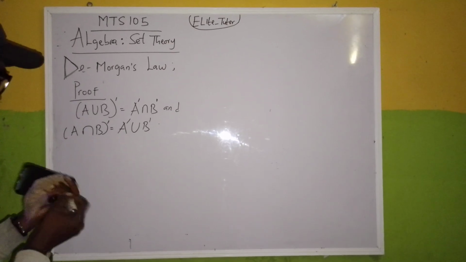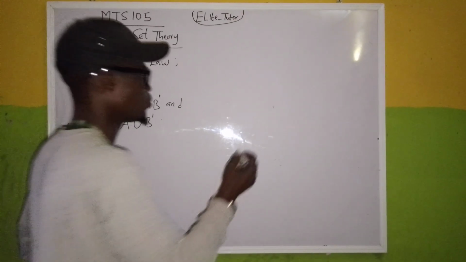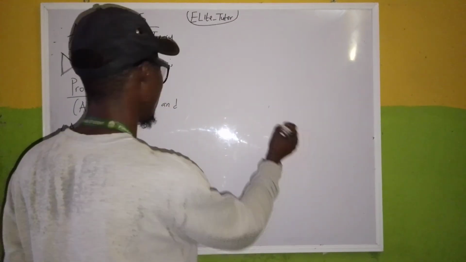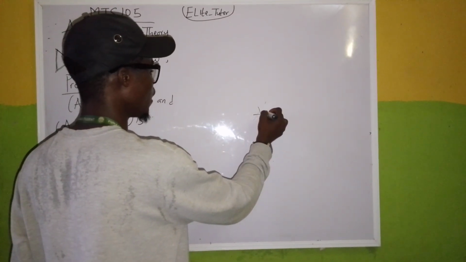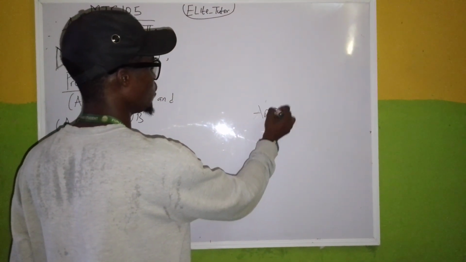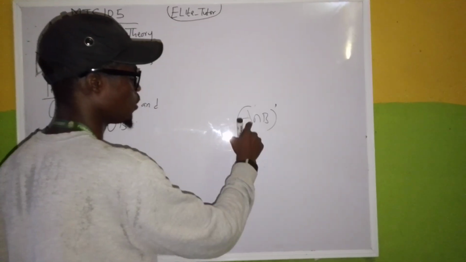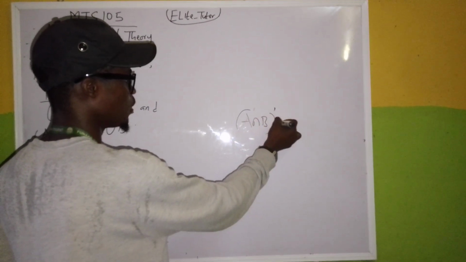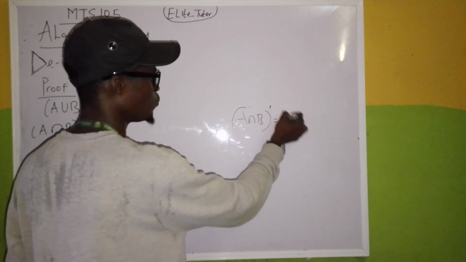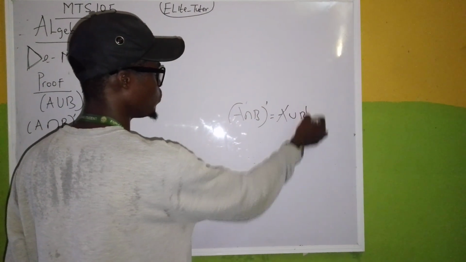In De Morgan's law, it is said that whenever you have, for instance, A intersection B in brackets all carrying prime, the expression is going to give you A prime union B prime.